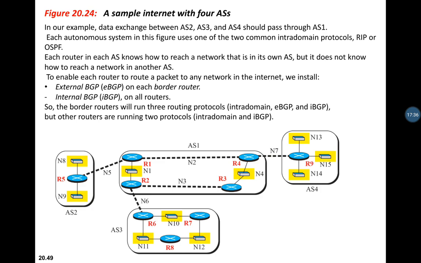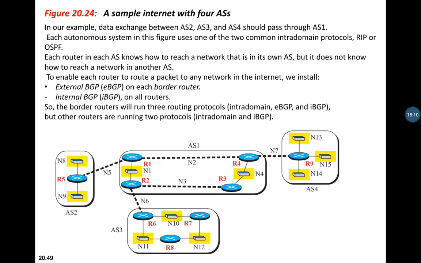So to enable each router to route a packet to any network in the internet, eBGP is installed on each border router. You can see the border routers here which get connected to the other autonomous systems. So R1 to R5, R2 to R6, R4 to R9, all this.